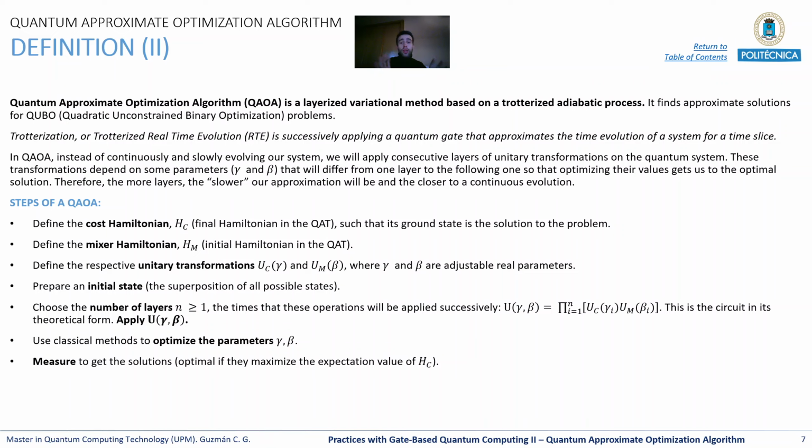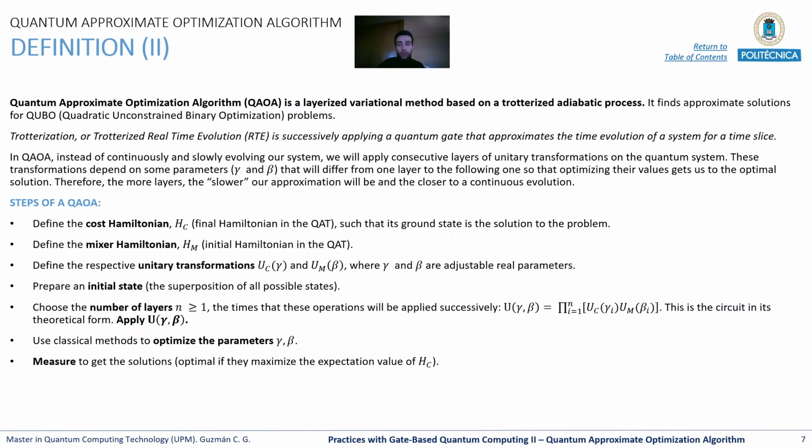So we try to emulate an adiabatic process, but why is it approximate? As we said, because that slow evolution will depend on how many time slices we get from 0 to t.